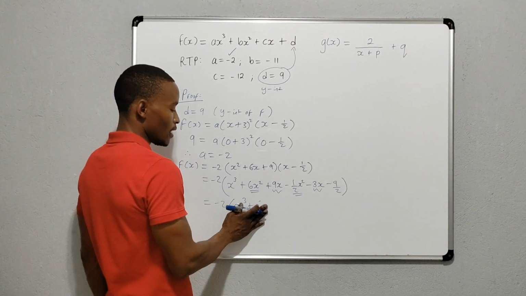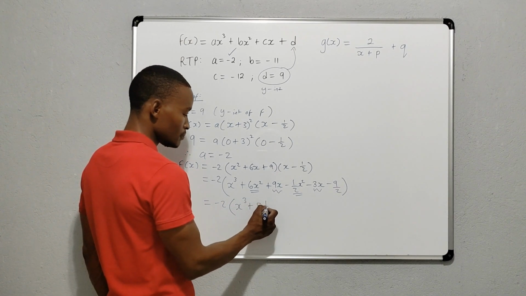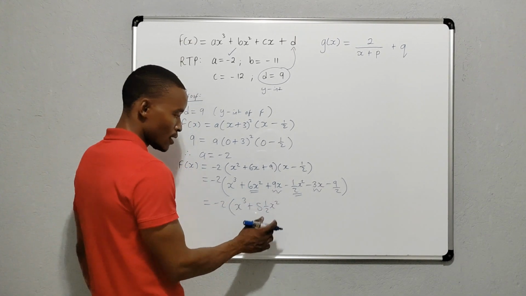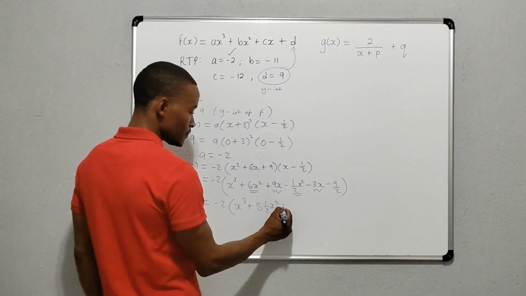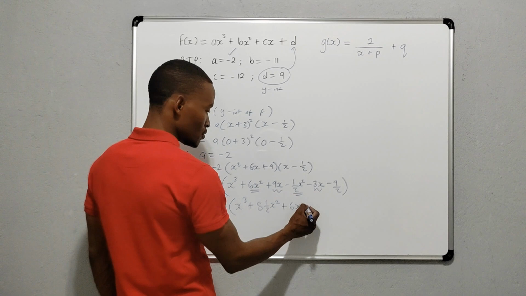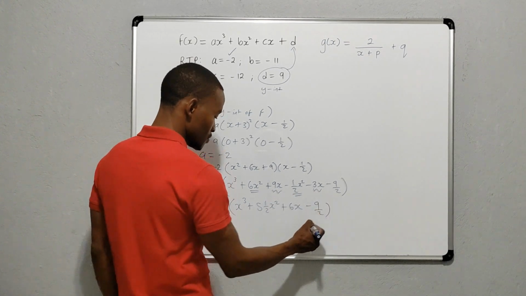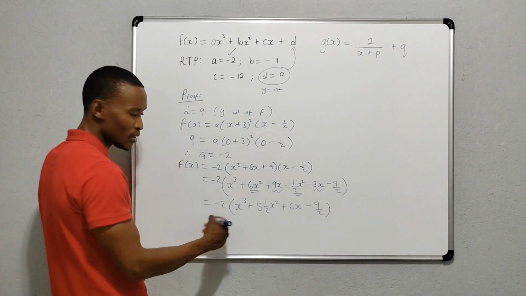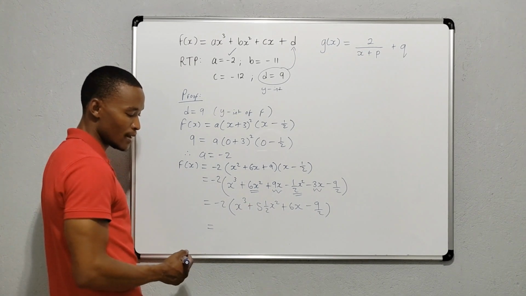Oh, sorry, 5.5 x squared, and 9 minus 3 is 6, and we're done with those two. We have minus 9 over 2. Good. Now we are ready to distribute the negative 2.